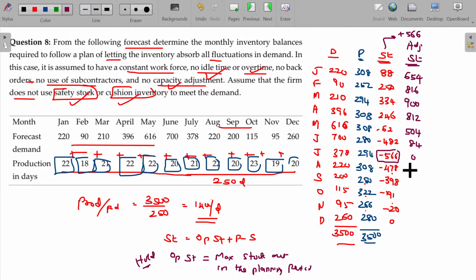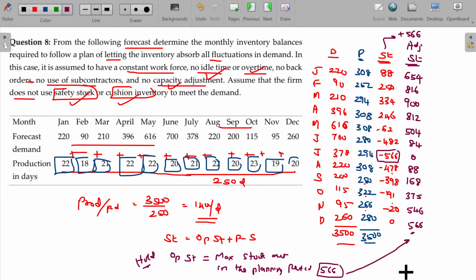Here you have 88. And here you have 168. Here you have 375. 546. 566. So under this model, the opening stock you assumed here, which is 566, becomes closing stock.